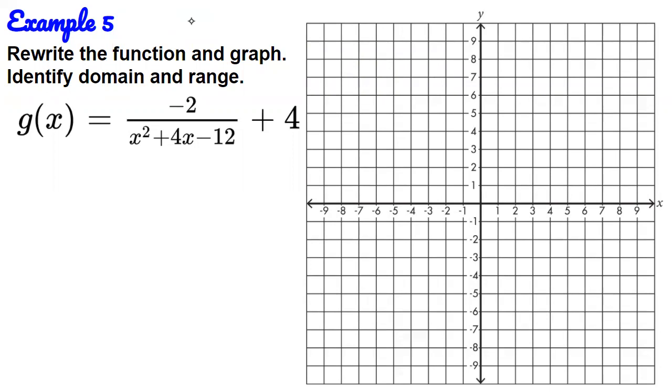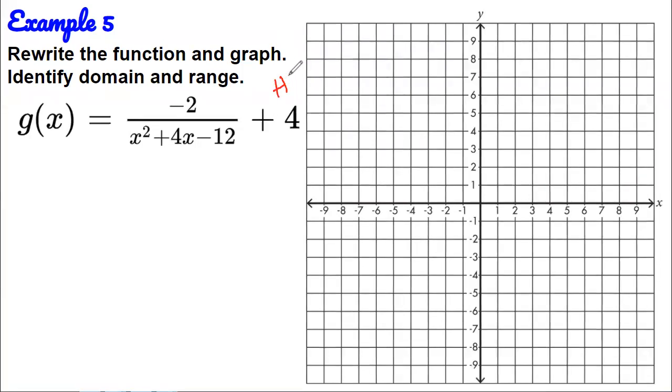Okay. All right, let's identify off the bat our horizontal asymptote. The horizontal asymptote is y equals 4. So that's the horizontal asymptote right here, off the bat.